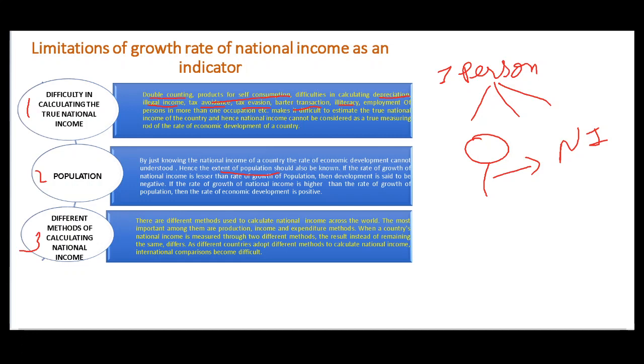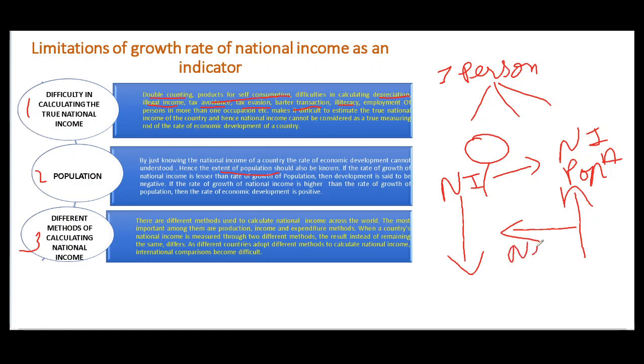If the rate of growth of national income is lesser than the growth rate of population, then development is said to be negative. Means if population is more and national income is less, then it can be termed as negative.